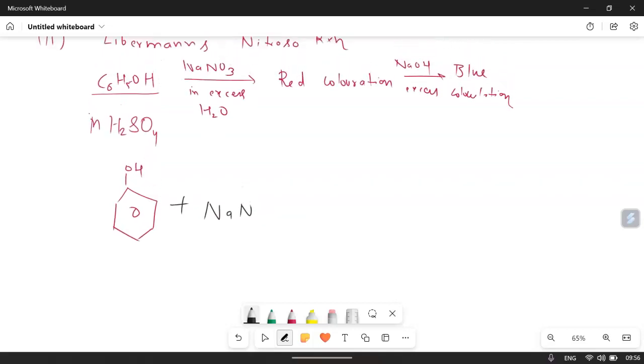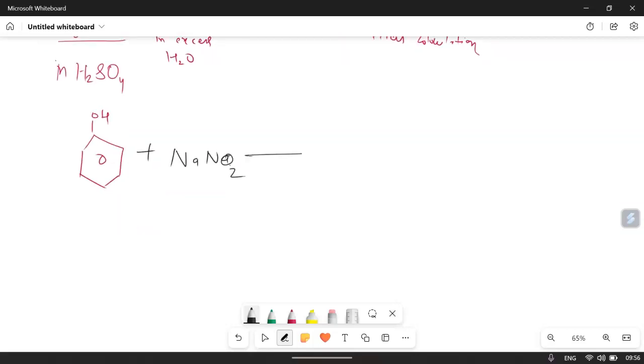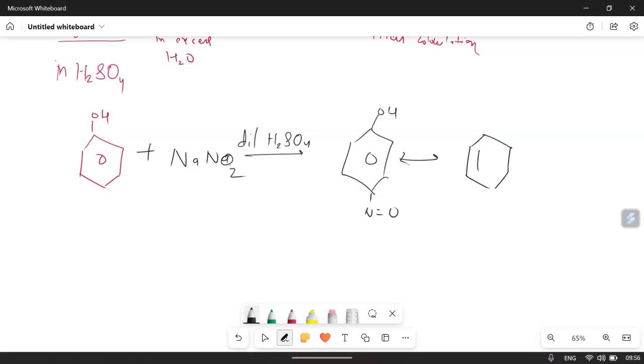This NaNO2 in the presence of dilute H2SO4 will give HO-N=O first, and it will convert into O=N-OH.